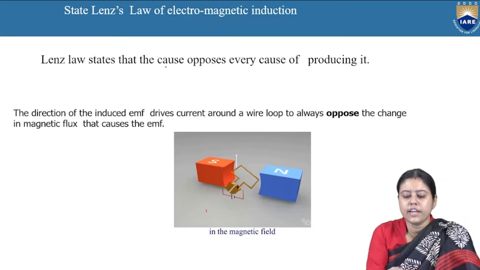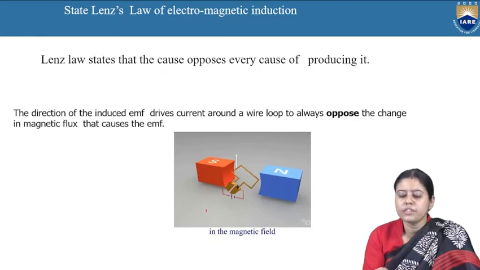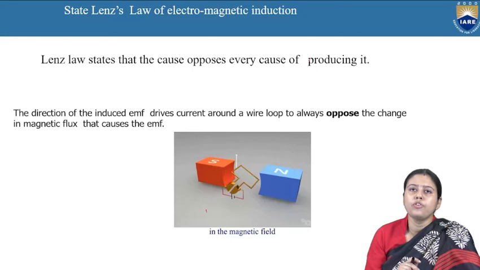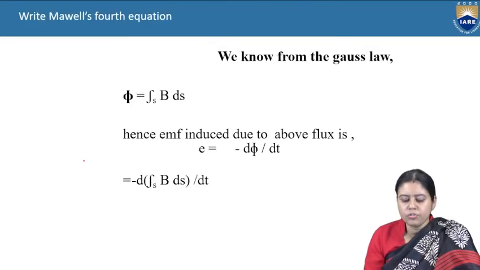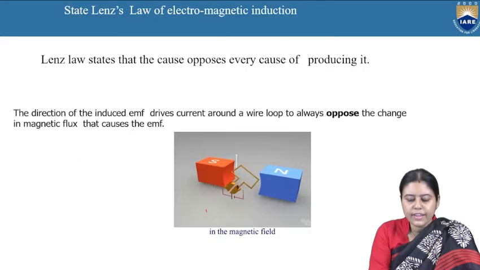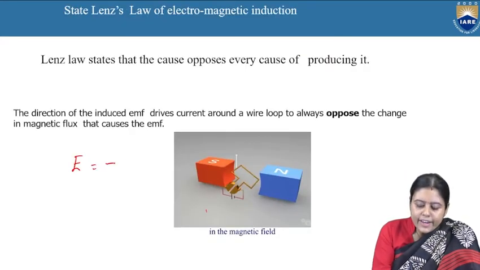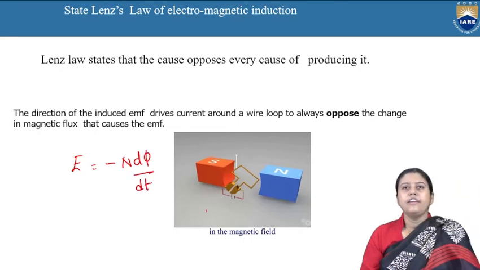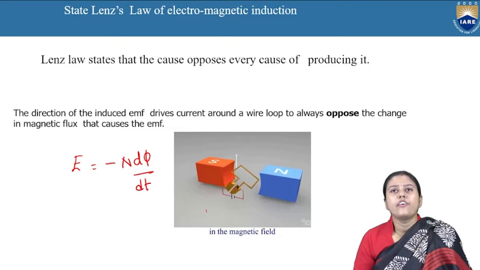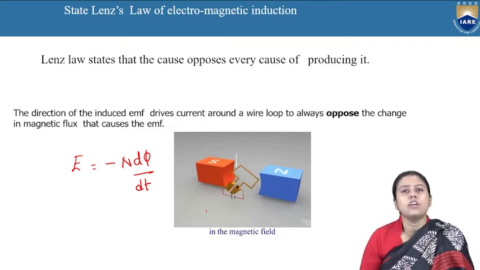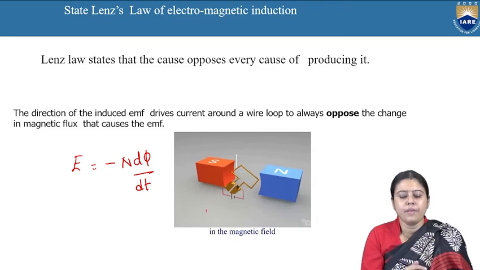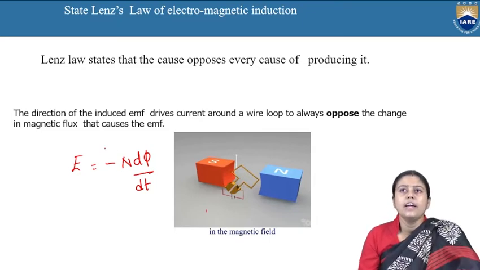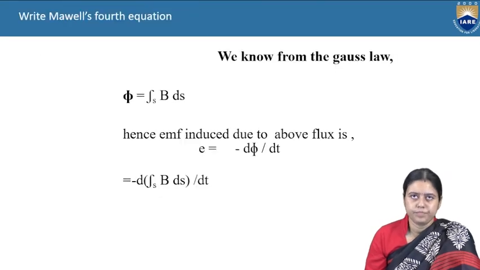That's why Lenz law states that the effect opposes every cause of producing it. So we can write E equals minus N d phi by dt. d phi by dt means the rate of change of flux, it causes the generation or induction of EMF. So the direction is in the negative direction.